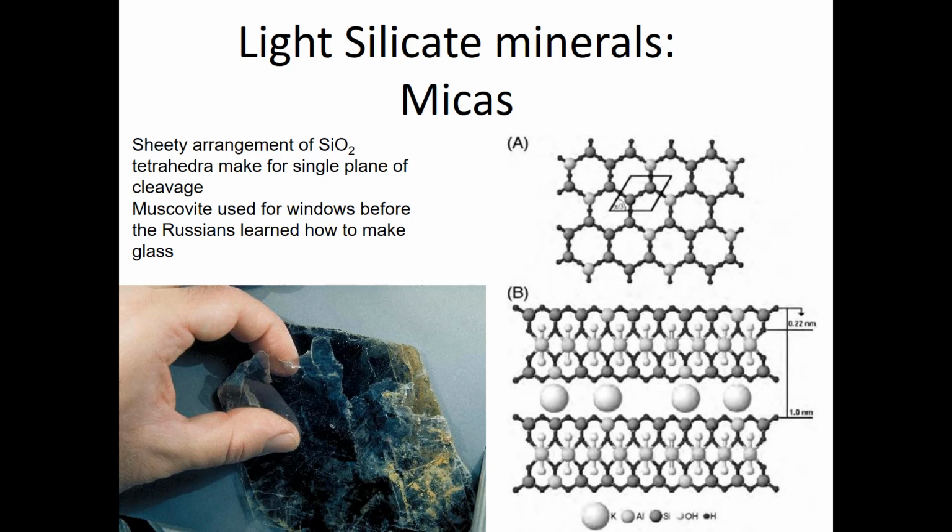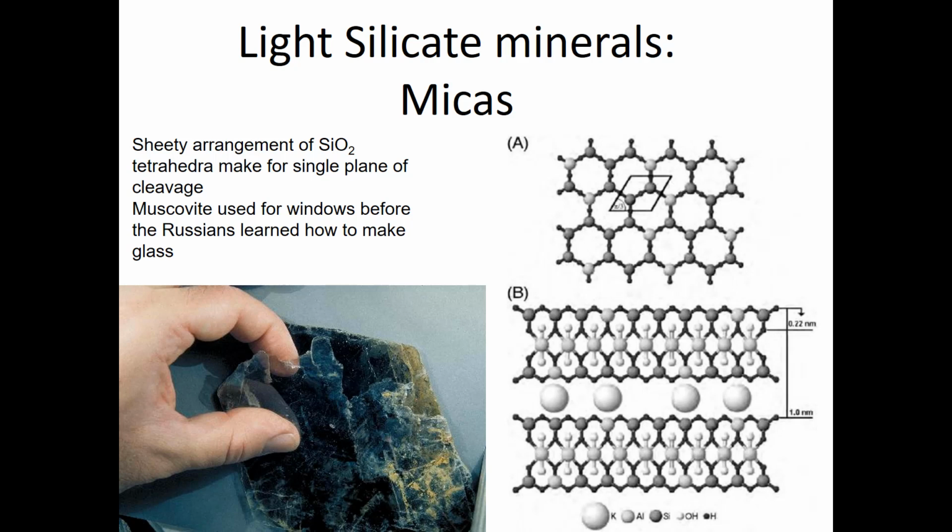Here, the sheets are held to one another by cations, but the sheets themselves are composed of parallel networks of aluminum oxide and silicon oxide. Now, the two primary rock-forming minerals that fall into this class are biotite and muscovite. Biotite being black, like you see in the lower corner, muscovite being used for windows before the Russians had access to glass.